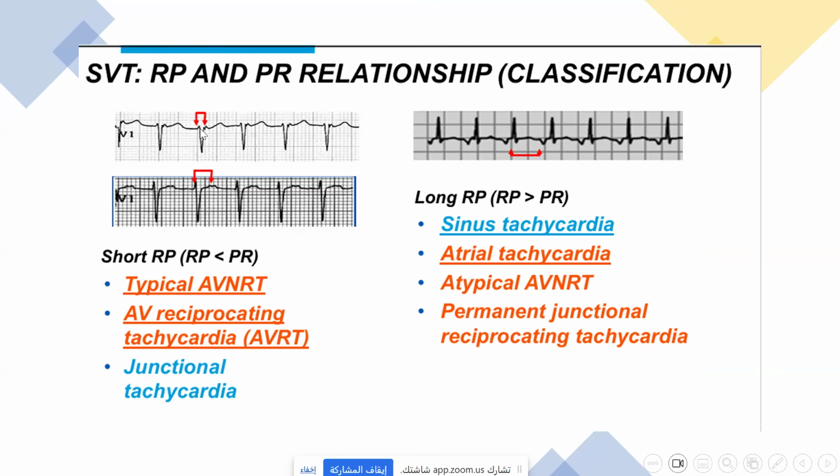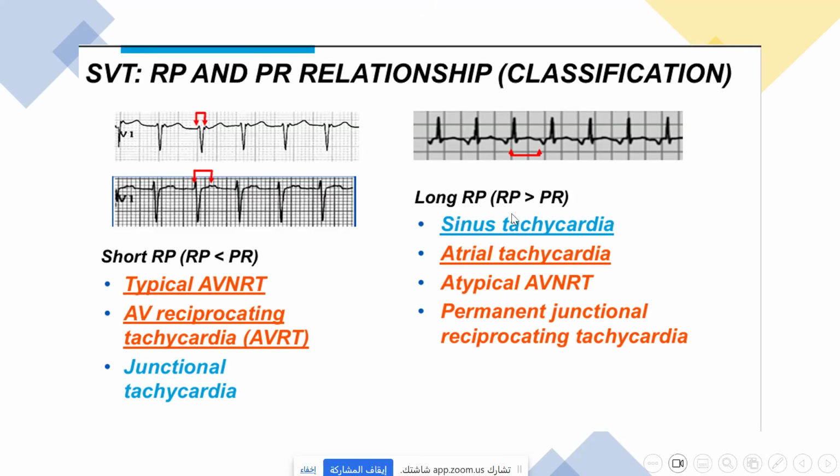Here you can see this is the PR interval and this is the RP interval. It's very clear the RP is shorter than the PR interval, so this is classified as short RP tachycardia. The commonest short RP tachycardia is typical AVNRT, other AV node reentrant tachycardia, and junctional tachycardia.